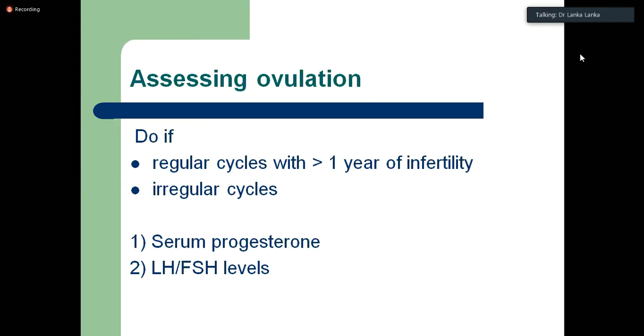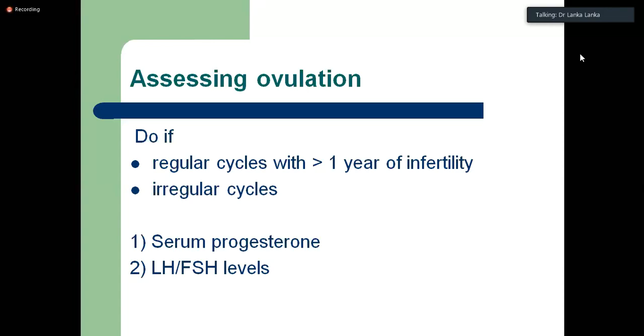And then there is the cervical mucus assessment. Usually towards ovulation, cervical mucus gets thinner and watery, but in the follicular phase it is thick and mucus-like. So if it is getting thinner and watery, that is also evidence of ovulation.